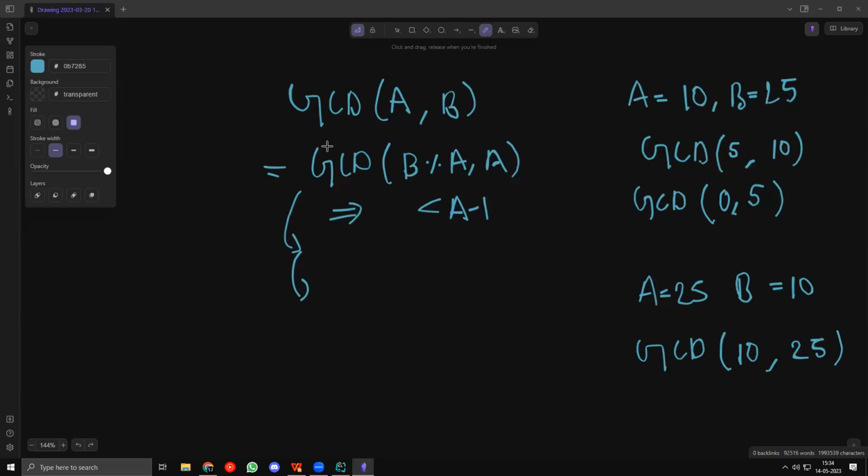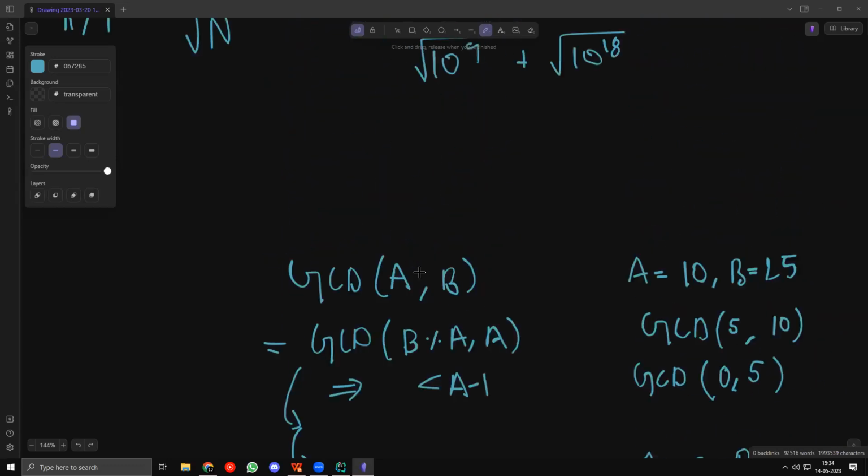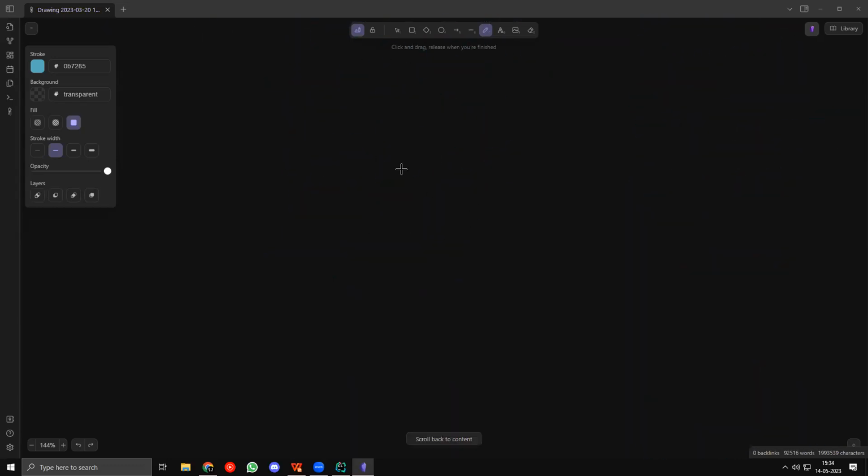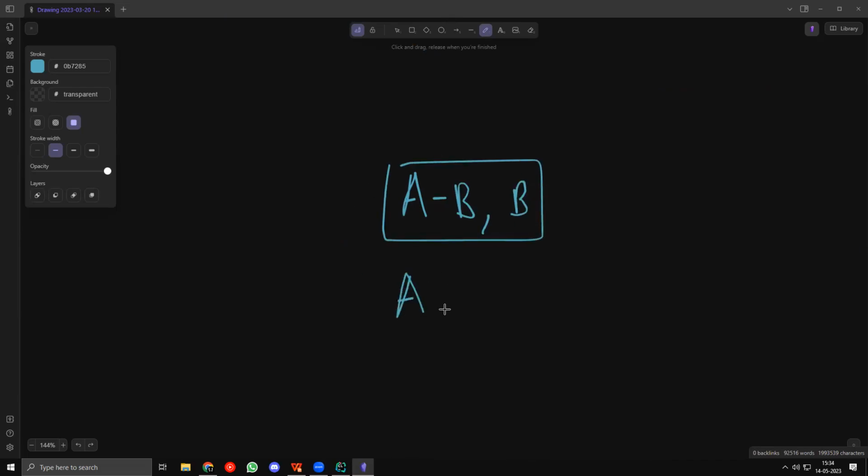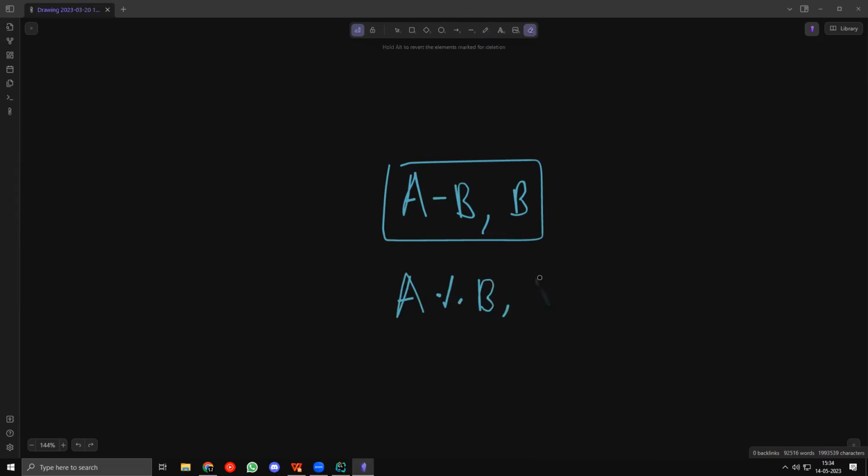Are there any patterns in questions where GCD logic is required? Okay, so one problem was something like this: we subtract A comma B, A minus B, and then we take B. Remainder is just repeated subtraction, right? I don't remember the exact problem, but if you take two values and swap them around, and do something like that.